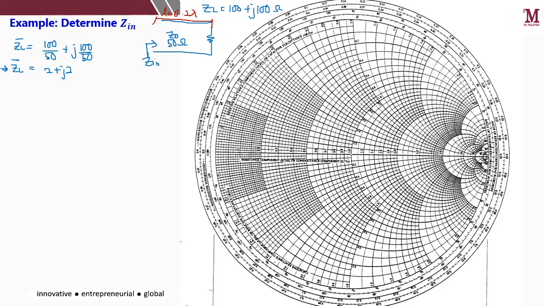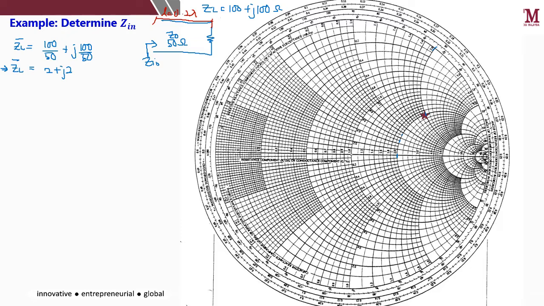Okay, so you plot the value into your Smith chart. So 2 is here, and then positive j2. So you'll get your normalized impedance there.